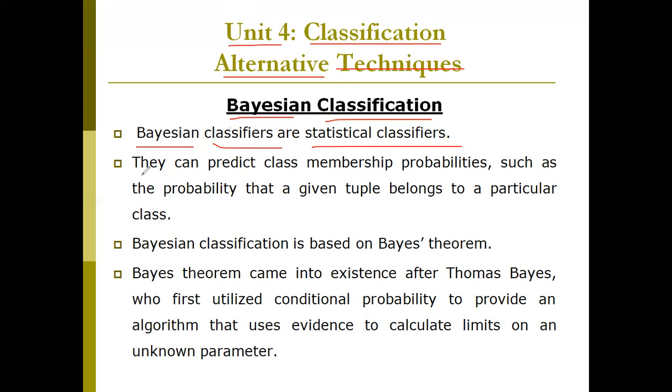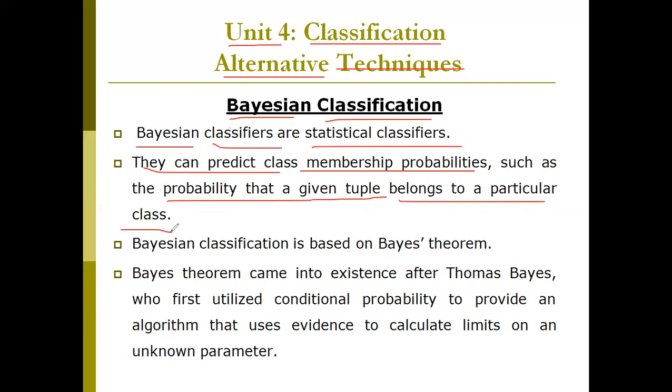Bayesian classifiers can predict class membership probabilities, such as the probability that a given tuple belongs to a particular class. What is the probability that a given tuple belongs to a particular class here? In decision tree also we have seen the probabilities for the given training data set. We calculated the probabilities for the target class.